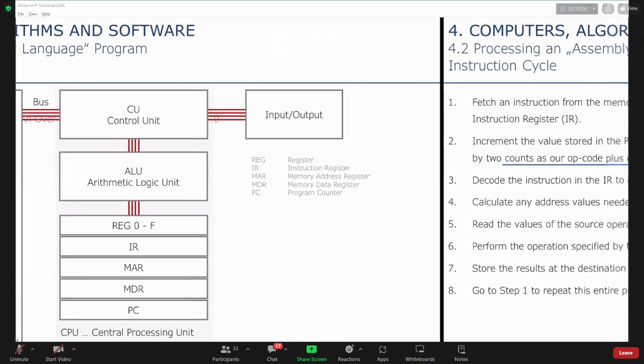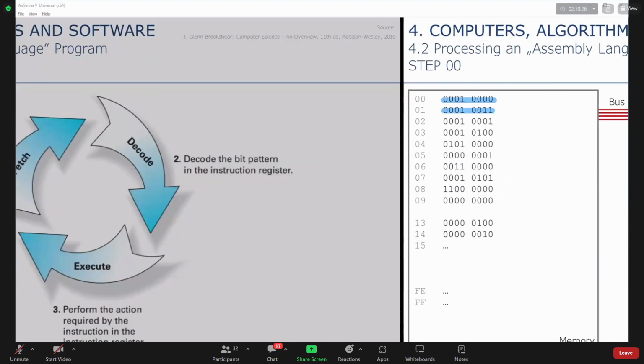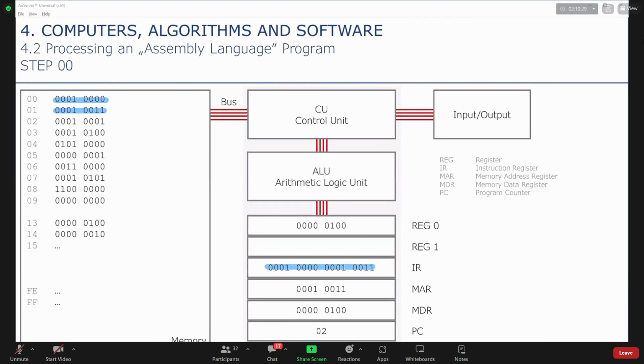So this is the command that we have here. Load register 0 with memory cell 13.